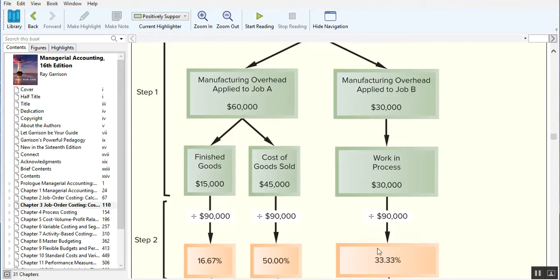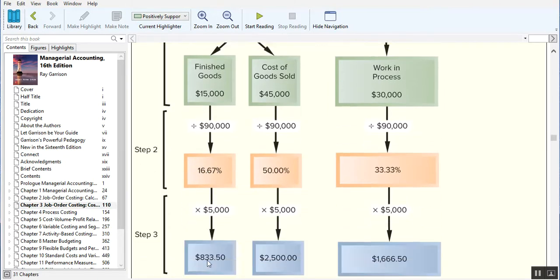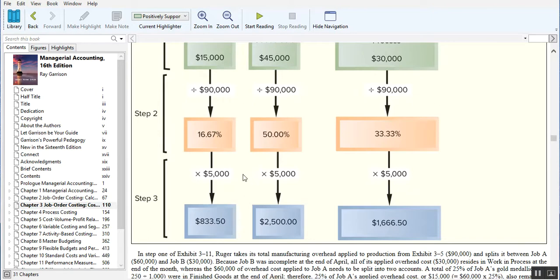So 30,000 divided by 90,000 is 33 1/3%. 45,000 divided by 90,000 is 50%, and 15,000 divided by 90,000 is 16.67%. You multiply that times the underapplied overhead amount to get the amount that's assigned into each job and where it goes.